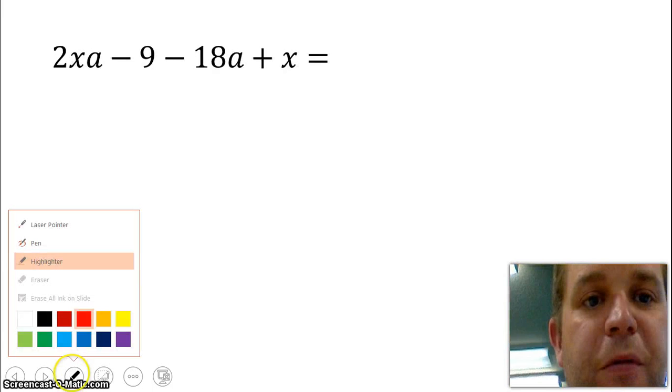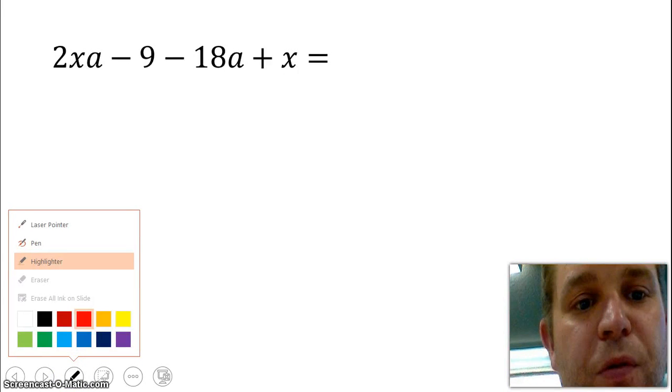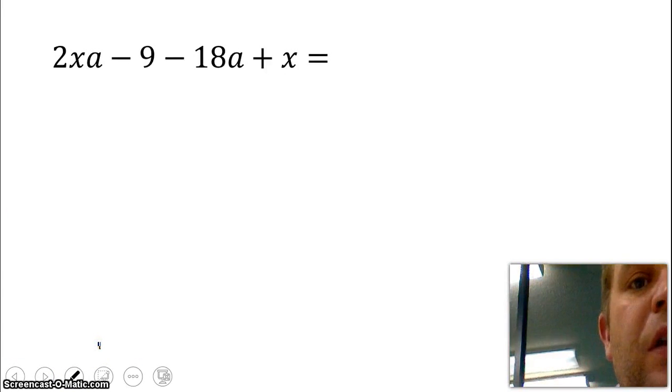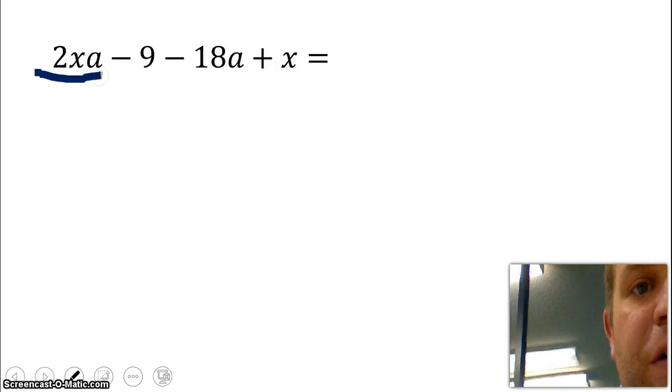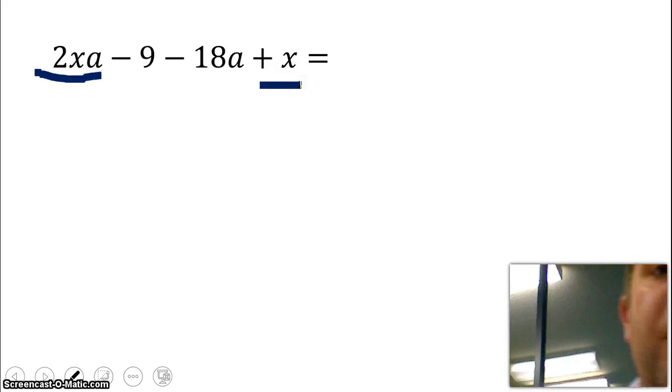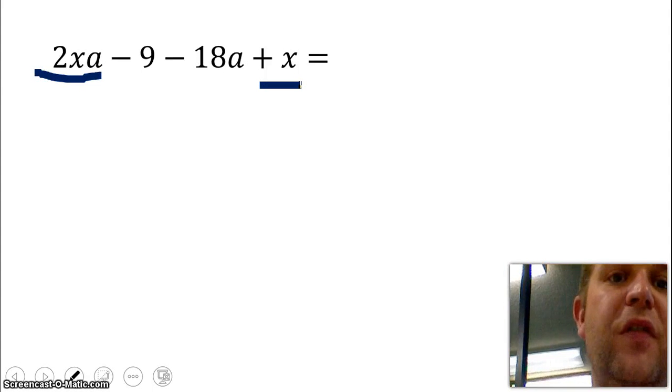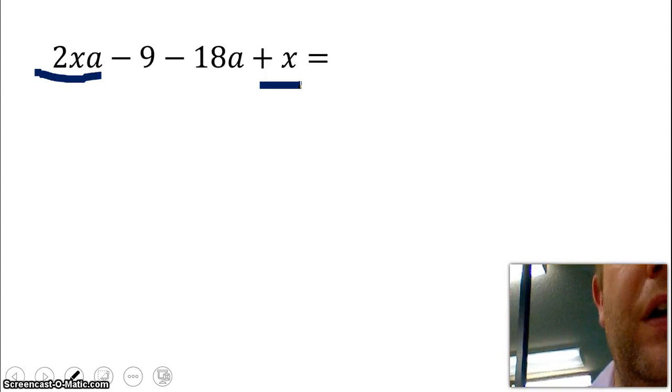Righto, so in this one, we've actually got to work out what our two factors are that we can pull out. So I'm going to group two different parts. I'm going to group that part and that part together. The reason I'm doing this is because I can see that there's a common factor of x.